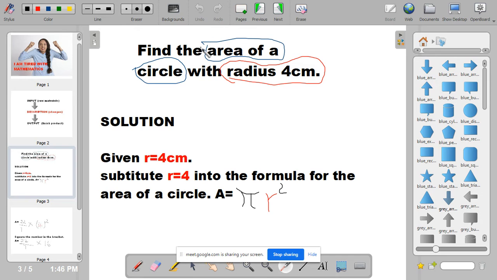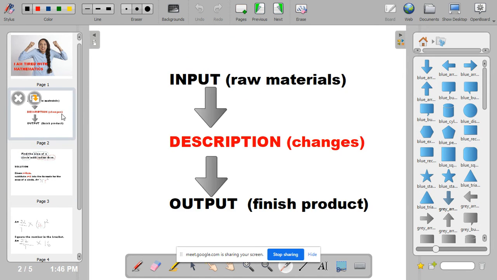We are looking to prepare the area of a circle. So all that you need to do here is to ask how can I process the input, or what change in the description can I make to the input, to arrive at the output here, my finished product.